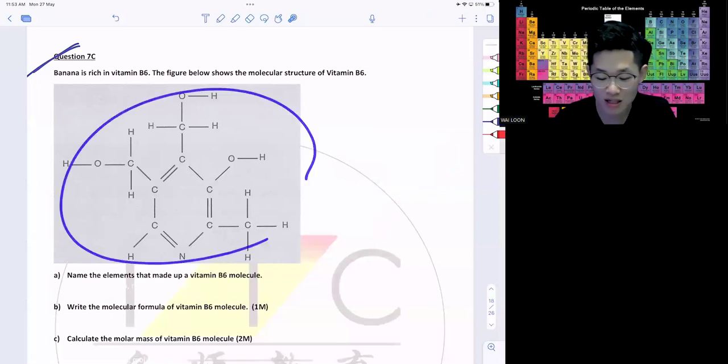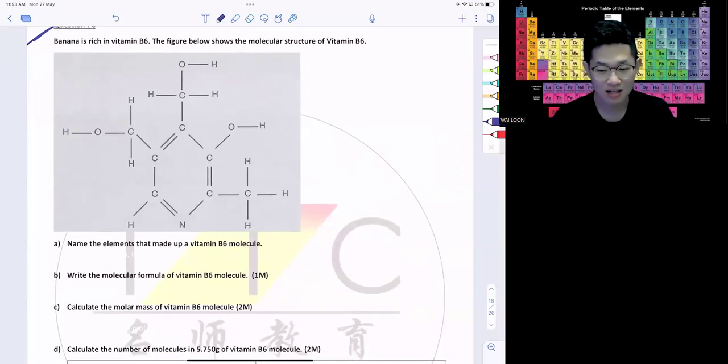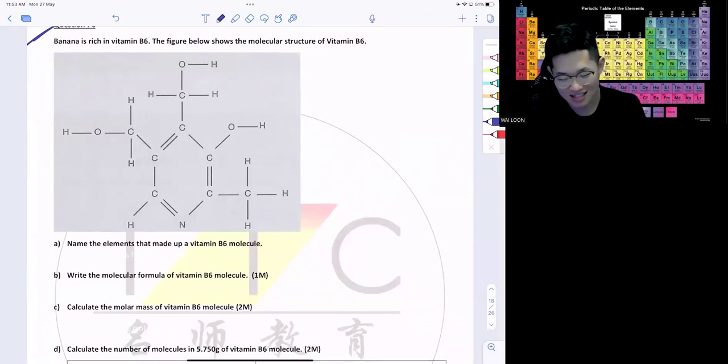So again, there's a formula here. Start counting all the atoms.